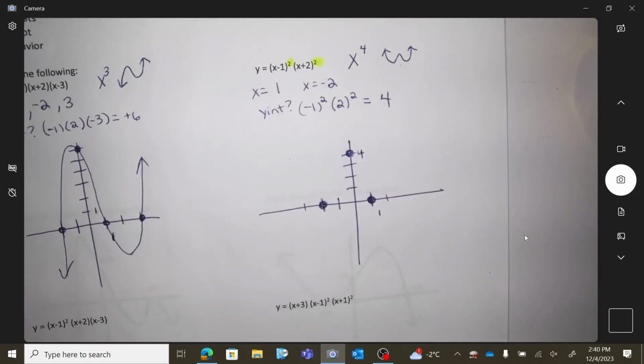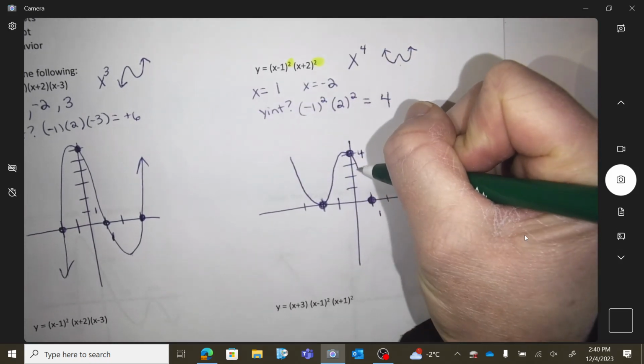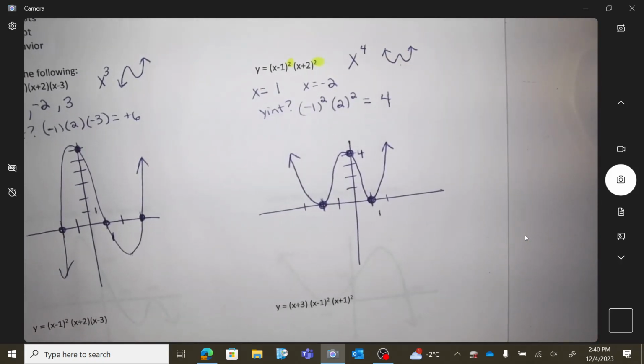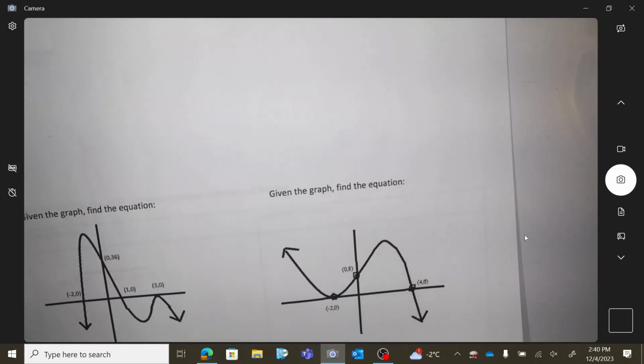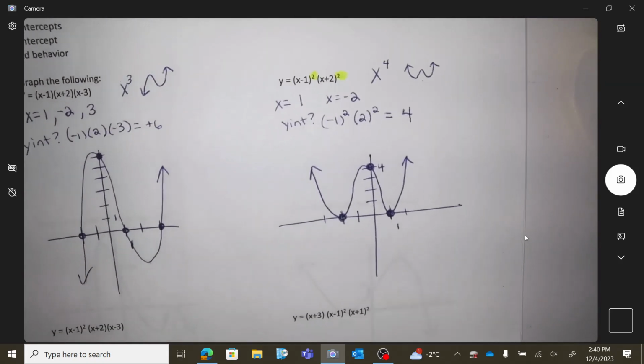So can you make a W shape that bounces? Okay, let's jump to the next page.